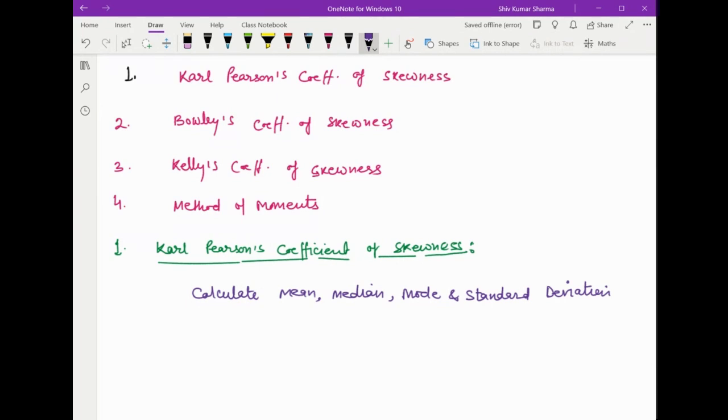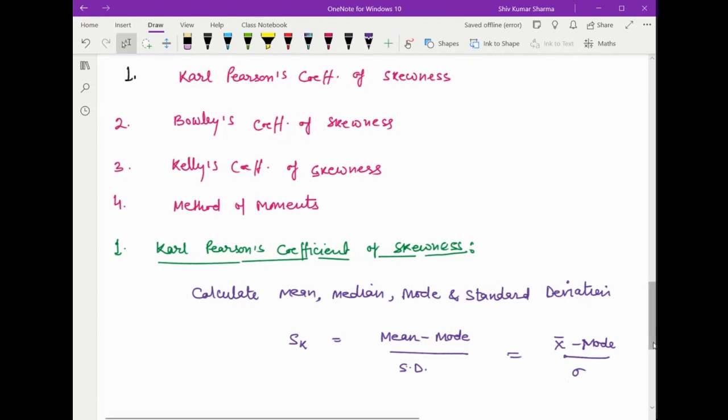So the first method to calculate the coefficient of skewness, we denote it as SK. This is equal to mean minus mode upon standard deviation. You can write it as x bar minus mode Mo upon sigma.